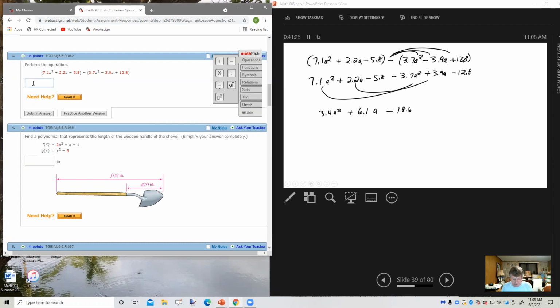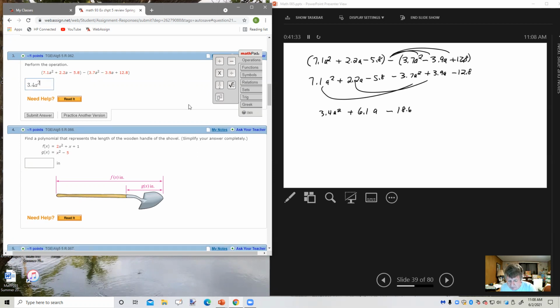So 3.4a squared, move the cursor over, plus 6.1a minus 18.6.